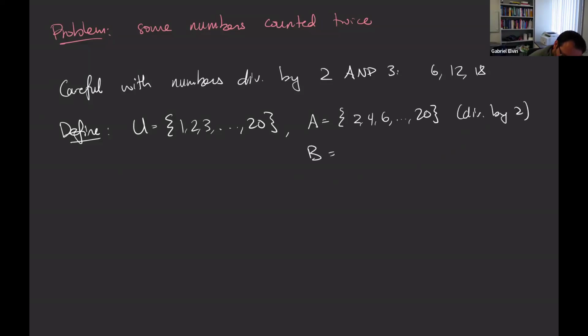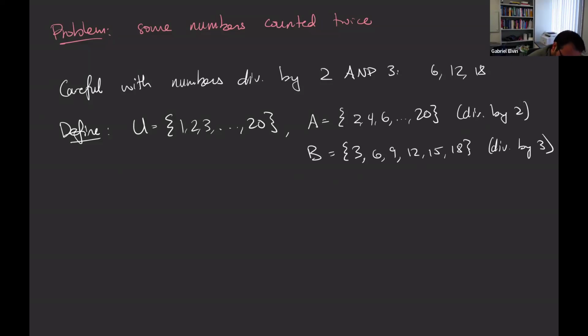And B will be the ones that are divisible by 3. I could probably just write them all. Okay, so those are our sets.